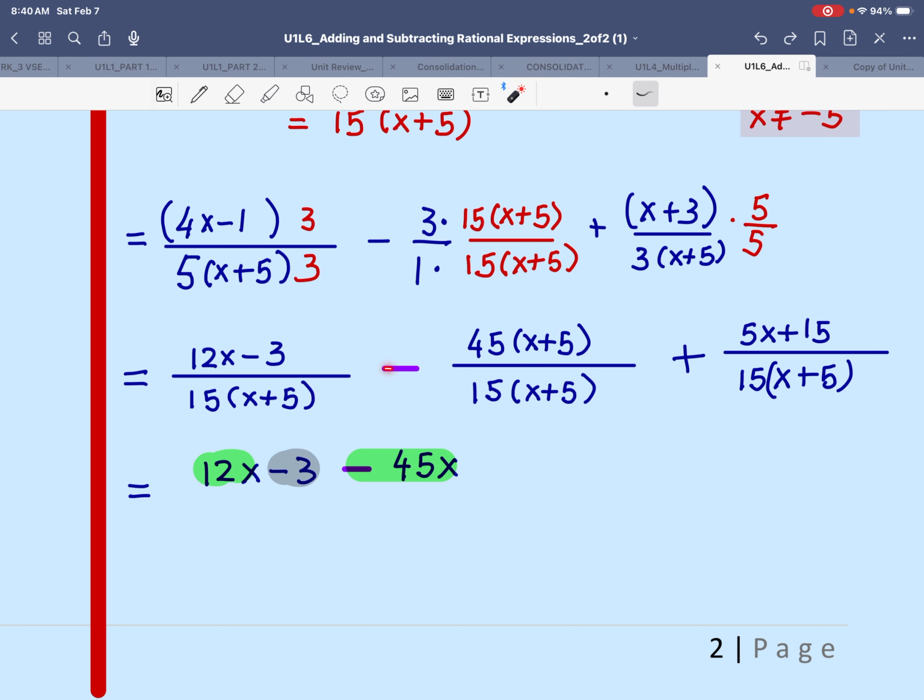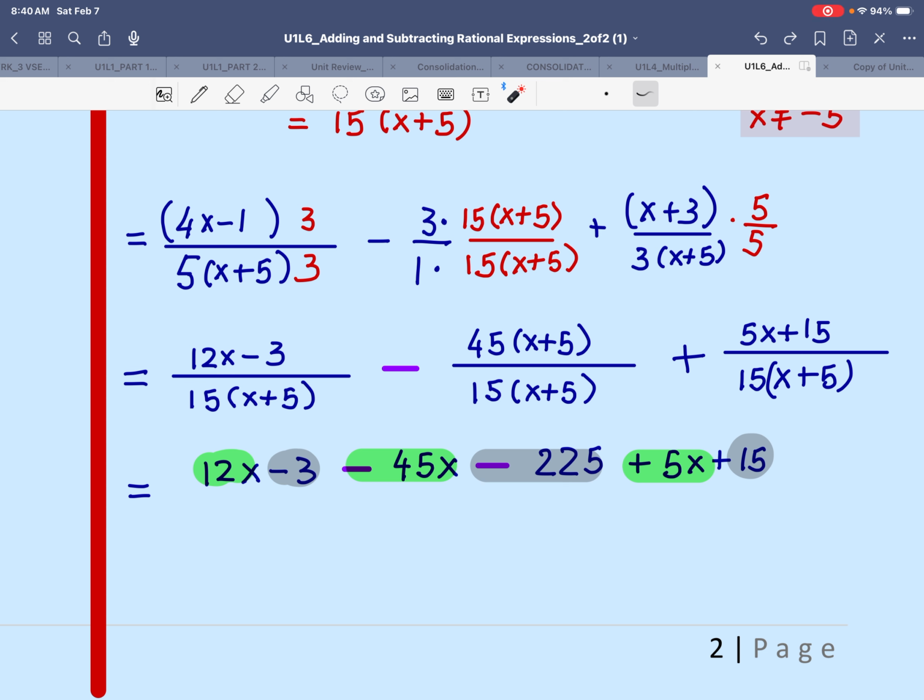And that's why I color-coded this in purple so that you can see that it is this negative sign that we had in here that is participating in this multiplication. And then, same thing, negative 45 times positive 5 is going to be negative 225. And lastly, we have plus 5x plus 15.